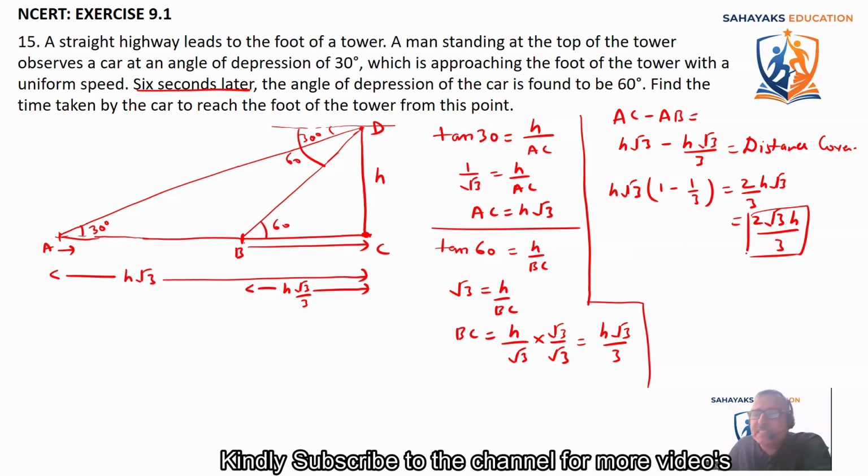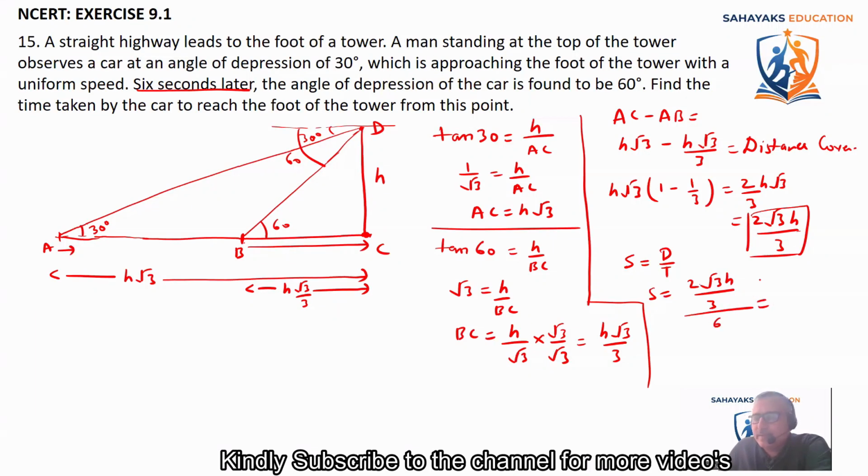Now, if this is the distance traveled by the car in 6 seconds, we can find the speed of the car. Speed is equal to distance by time. So the speed of the car comes out to be 2 root 3h divided by 3, divided by 6.